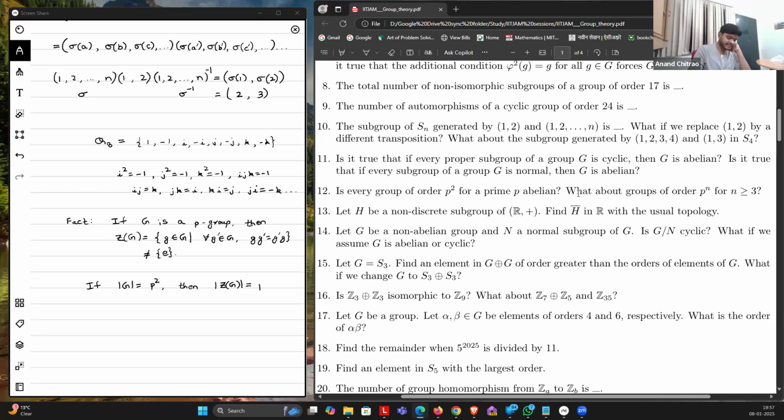So the cardinality is p or p square. If the cardinality of ZG is p square, then ZG equals G, which implies G is abelian.